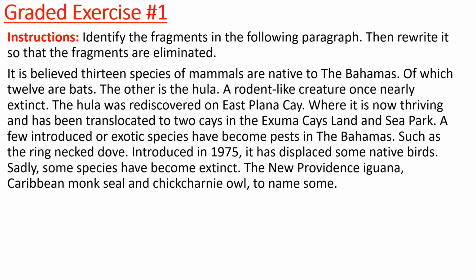A few introduced or exotic species have become pests in the Bahamas, such as the ring-necked dove introduced in 1975. It has been displaced by some native birds. Sadly, some species have become extinct: the New Providence iguana, Caribbean monk seal, and the Chickcharney owl, to name some.